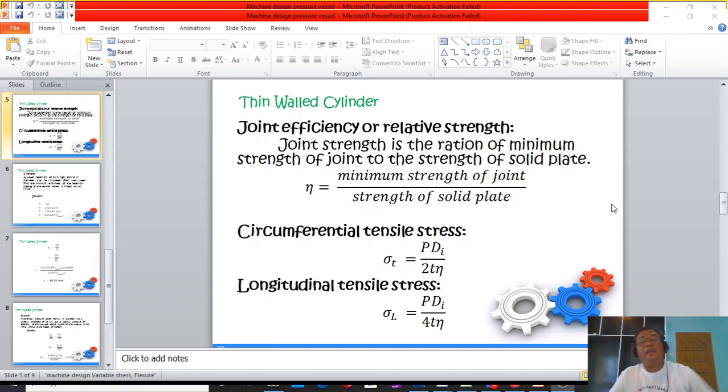So take note, class, the failure of the pressure vessel is along the circumferential and along the longitudinal. There are two failures that may be considered, but the first failure to occur, of course, is the circumferential, along the circumference.